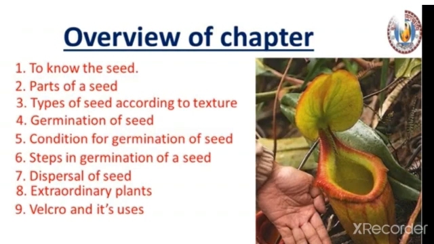Today, in our EVS class, under the chapter Seed and Siege, we will talk about some more topics. First of all, I am going to give an overview of this chapter.